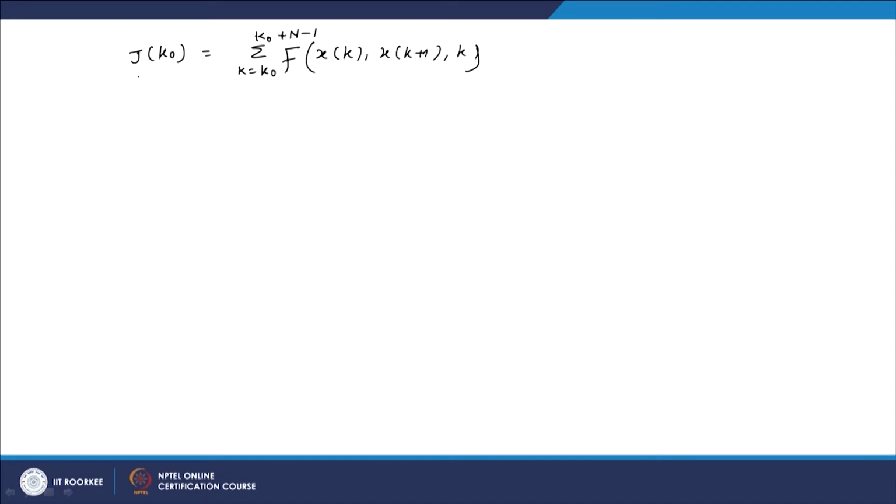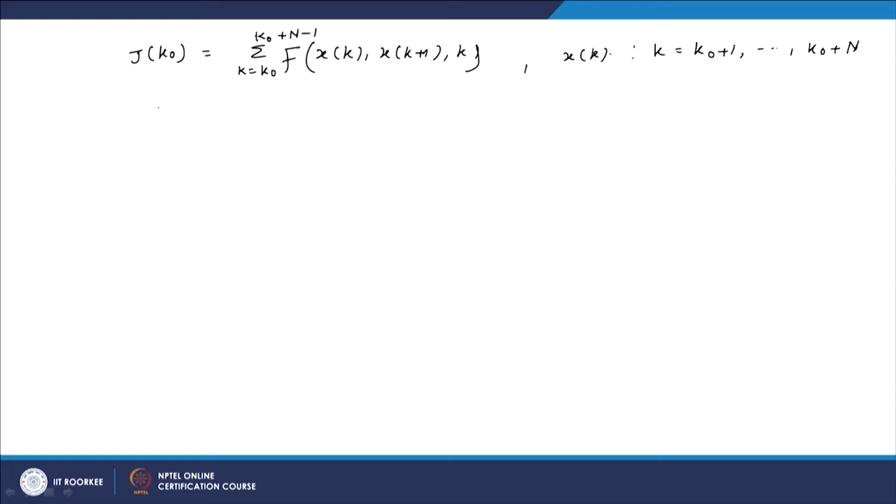So, we want to minimize this functional J such that the sequence x of k equal to k0 plus 1 up to k0 plus n, this finite sequence, minimizes this expression.